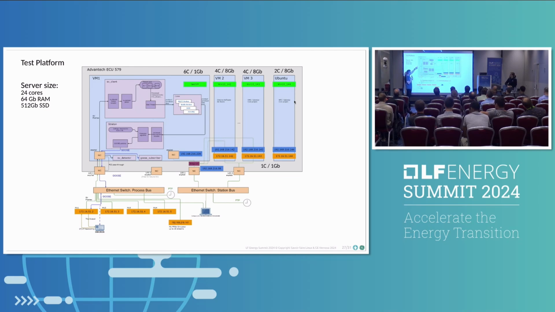This box is the hardware. In this case, we are using a hardware with 24 cores, 64 gigas of RAM, 512 gigas of hard disk. The hardware is the least important thing. Okay, there are plenty of hardwares in the market, Advantech, Velotech. I mean, we have to be agnostic.